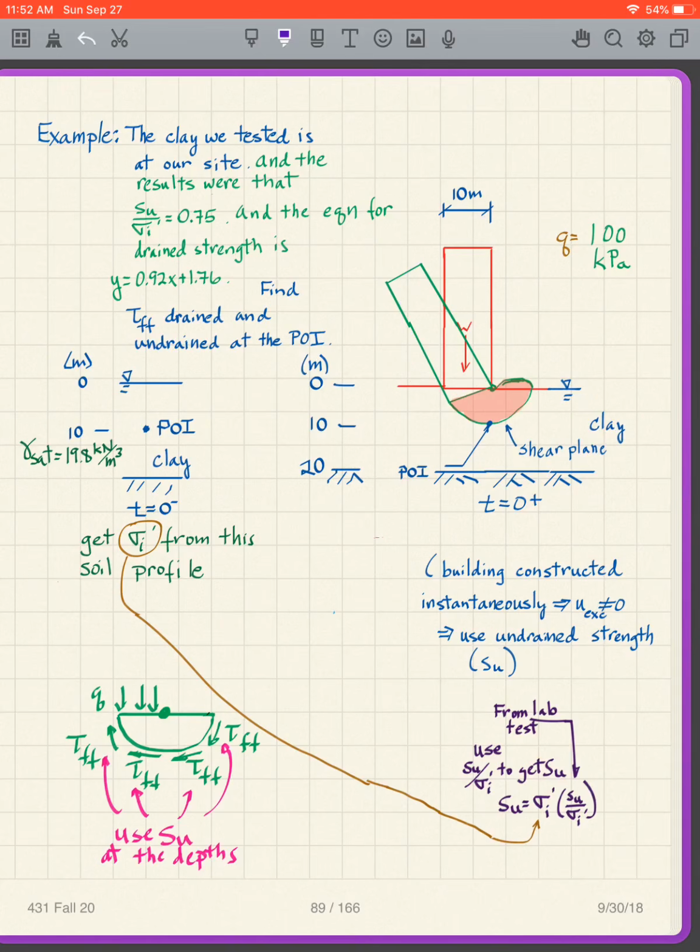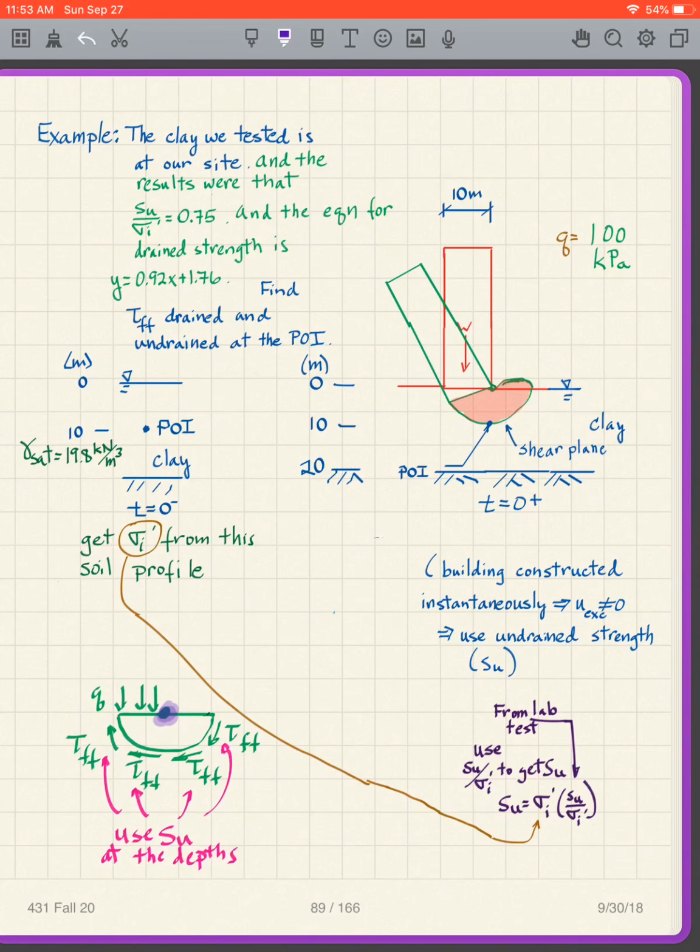Here is the q from our structure. That's the surface stress from our structure, and then we have tau ffs all along that shear surface, and so they're all different. Ideally we would want the shear strengths all along that shear surface in order to do this analysis.